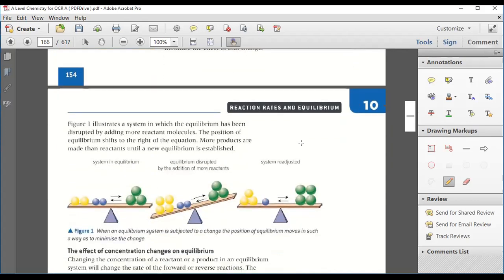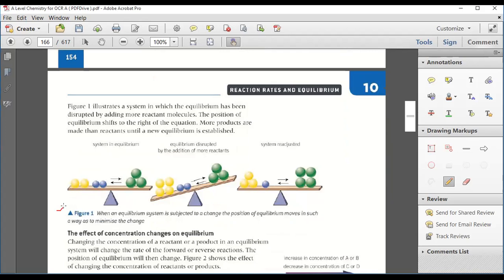Clear? For example, if you see in this figure 1, this yellow and blue ball are in equilibrium with these green balls. Now we add two more yellow balls and this equilibrium has been disturbed. So you can clearly see this is a disturbed equilibrium. Now this equilibrium has a property that it will readjust itself in such a way that it will nullify that change.